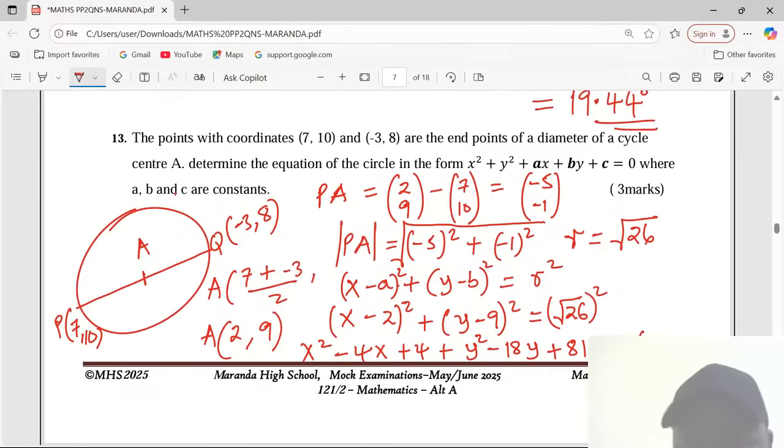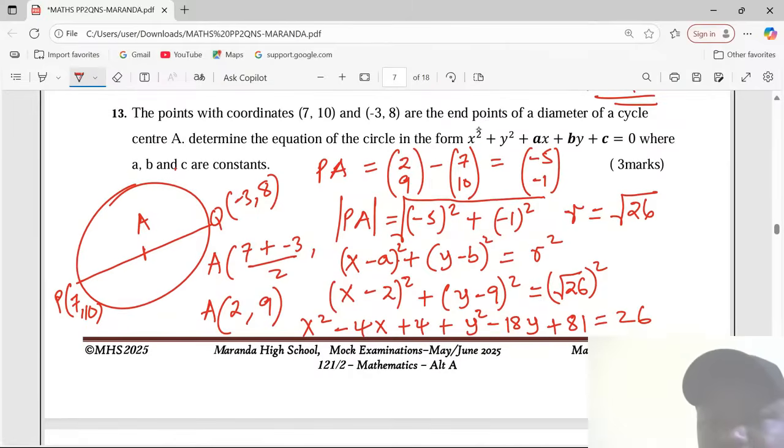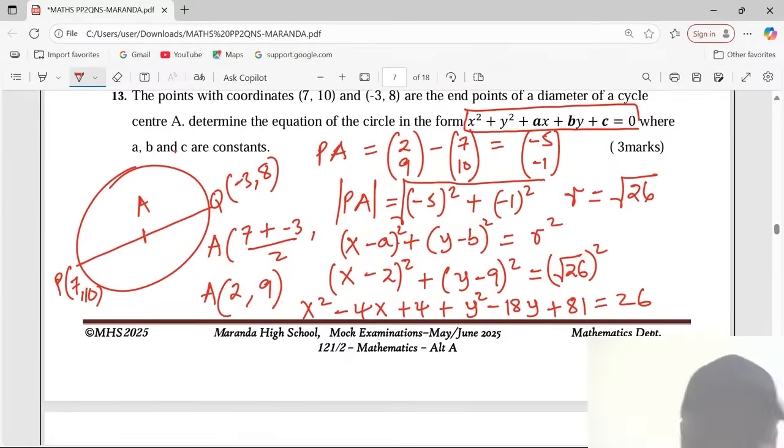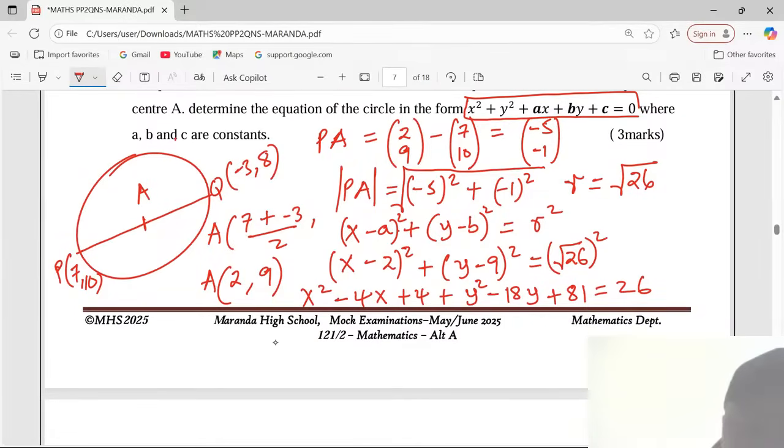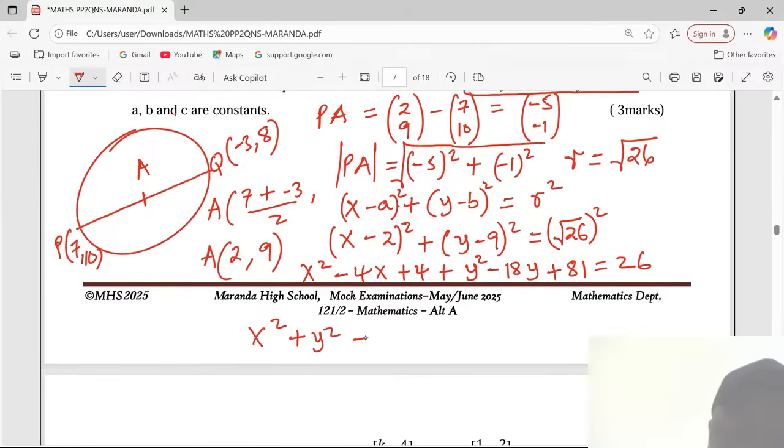So we get back to the format that we need. After x squared, what should follow is y squared. So we start with x squared plus y squared. Then after that, ax, so negative 4x, then y, negative 18y.